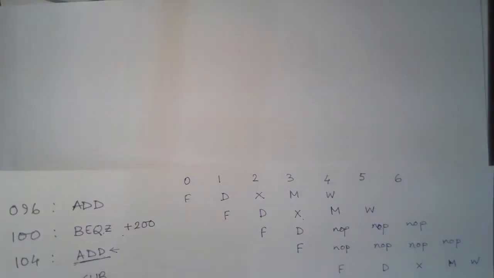All right. Now let us talk very briefly, to summarize, about why our CPI will most likely be greater than 1, or why an instruction may not be dispatched every cycle. If we can dispatch one instruction every cycle, then we will have a CPI of 1.